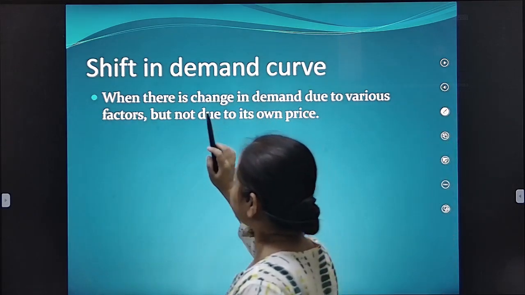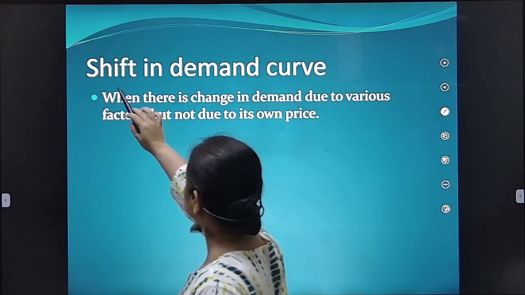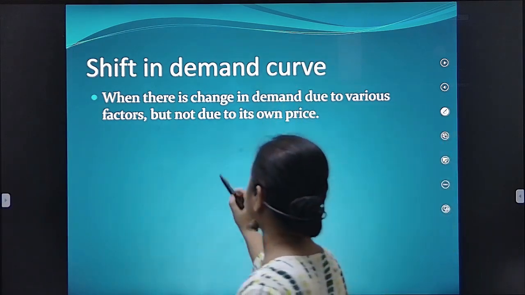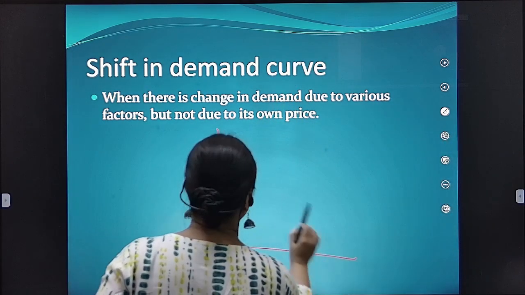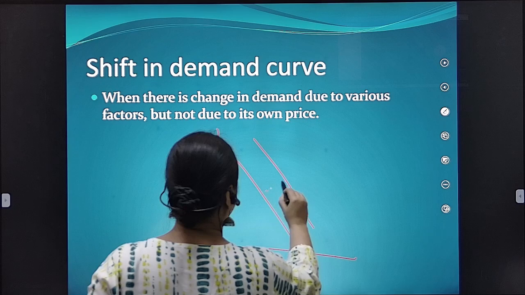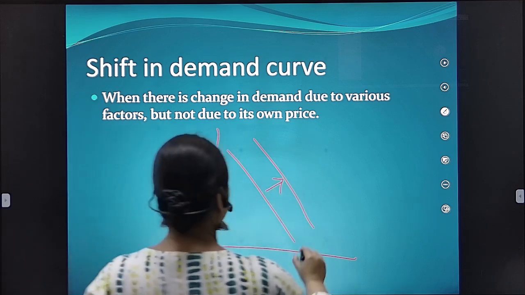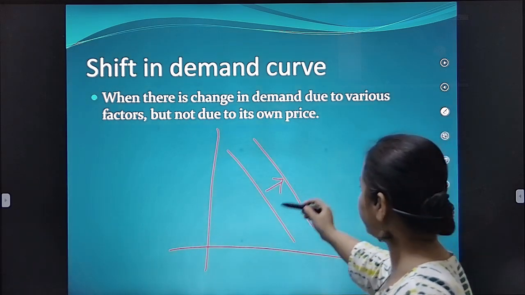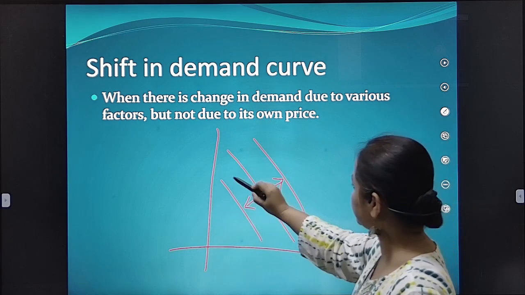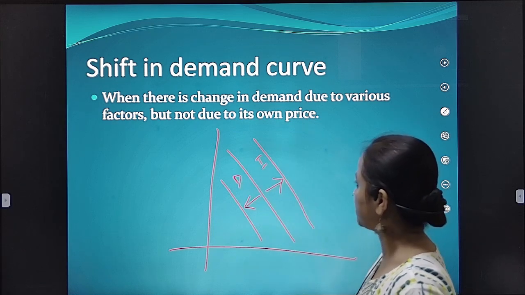So this increase in demand and decrease in demand, that is the case of your shift in demand curve. Demand curve is shifting. So this is your demand curve. If it is shifting rightward, then increase in demand. If it is shifting leftward, then this is decrease in demand. This is decrease in demand, this is increase in demand. Okay?